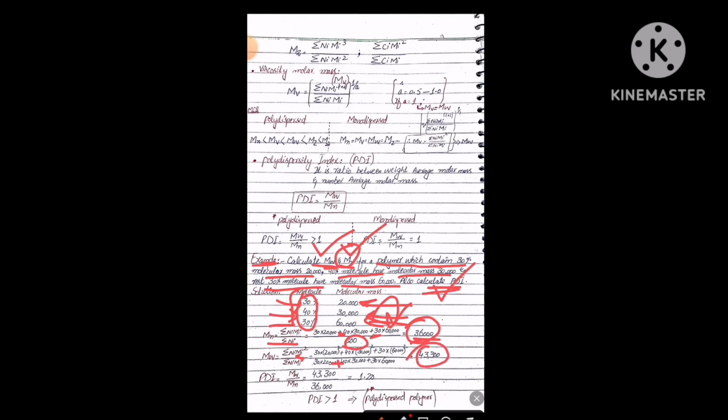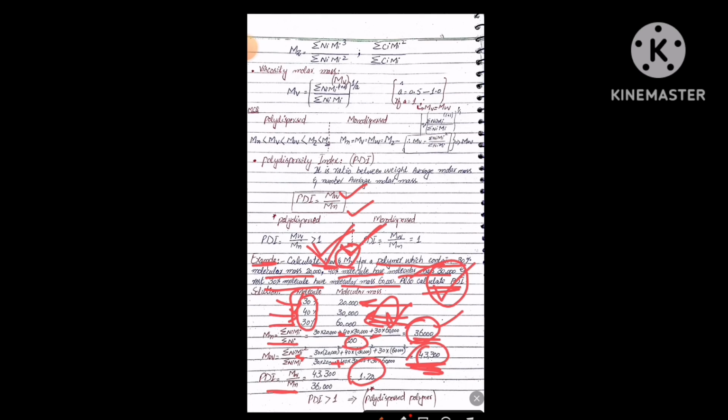Now we have determined Mn and Mw. Our required term is the PDI, the ratio between Mw and Mn. Mw is 43,300 and Mn is 36,000. Dividing, the answer is 1.20.